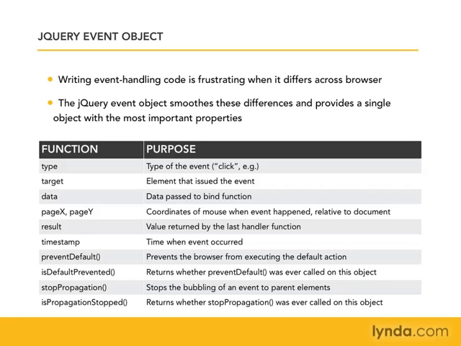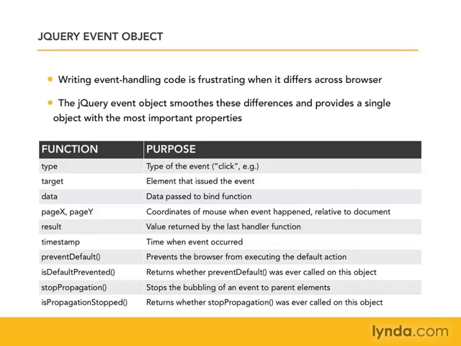Now, it's beyond the scope of this title to explain event bubbling, but if you're familiar with DOM level 2, what happens is when an event happens in a child element, and this isn't true of all events, but it's true mostly for mouse events, if the element that it happened on does not handle the event, it will then bubble up, like a bubble in liquid, to the element above it.